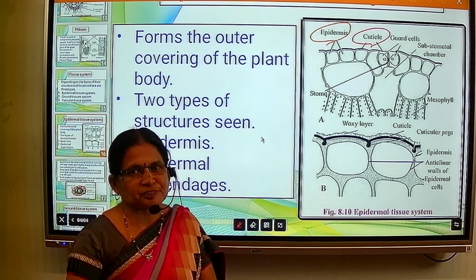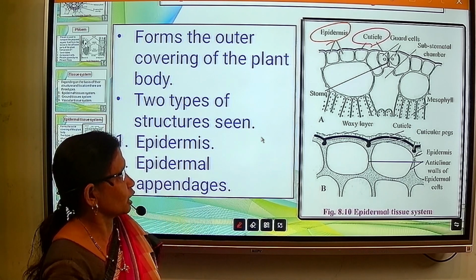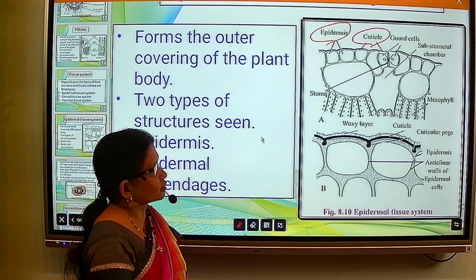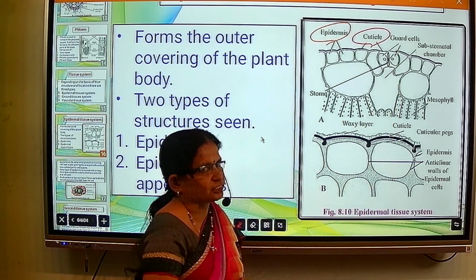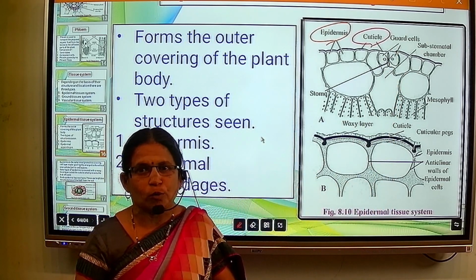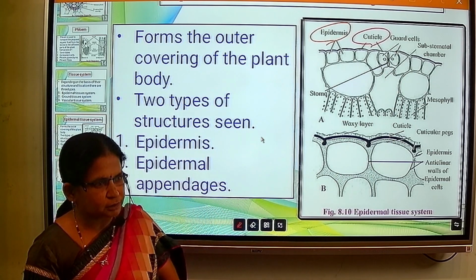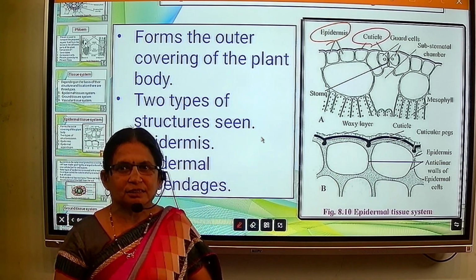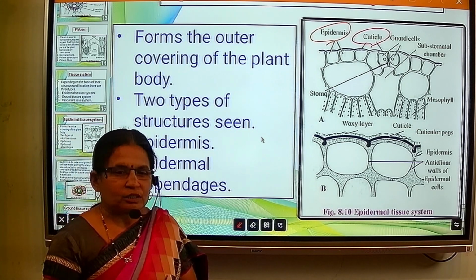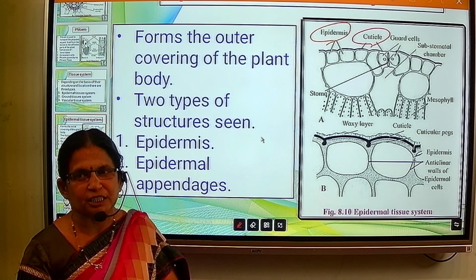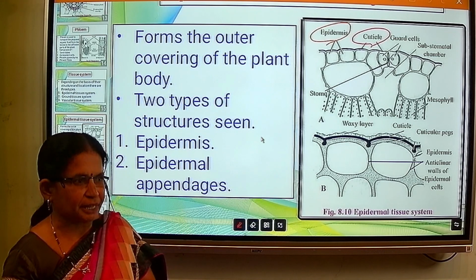It is absent at the lower epidermis. Another cell is called the guard cell, which is present around the stoma. Now stoma is present rarely in the upper epidermis, but stoma mainly functions for transpiration.